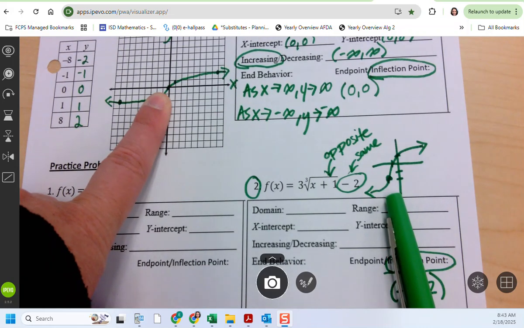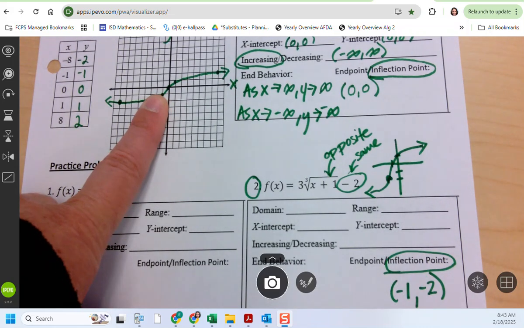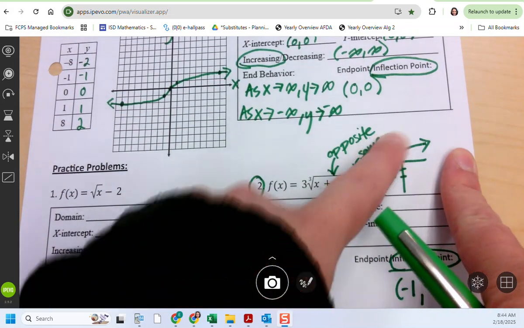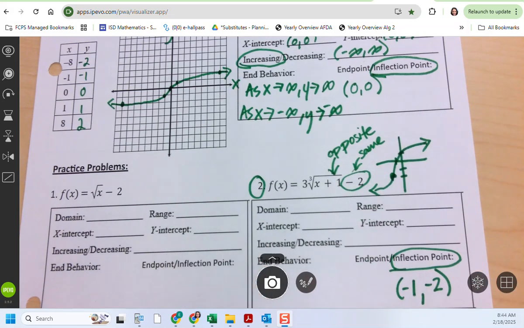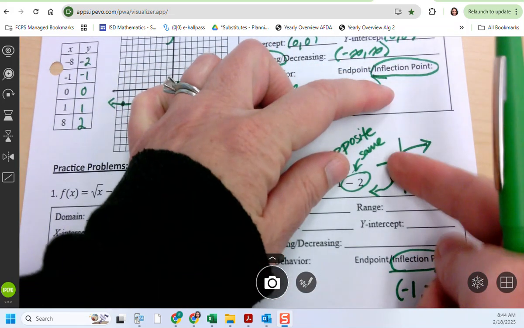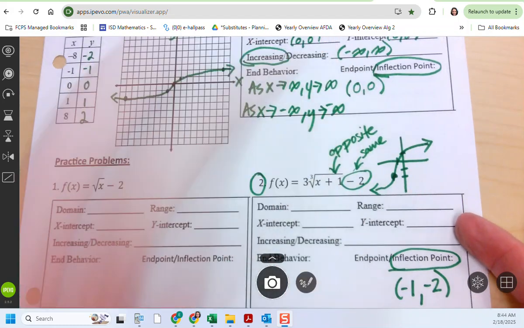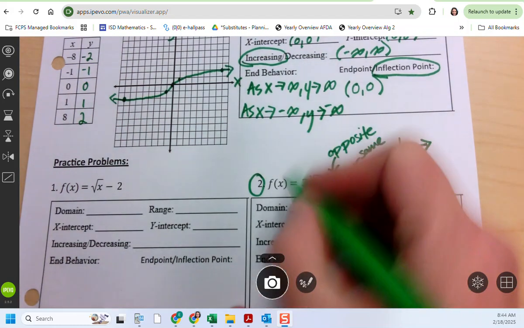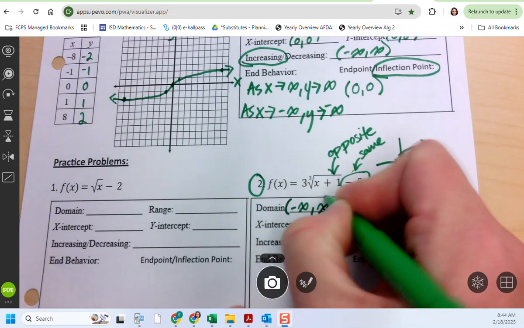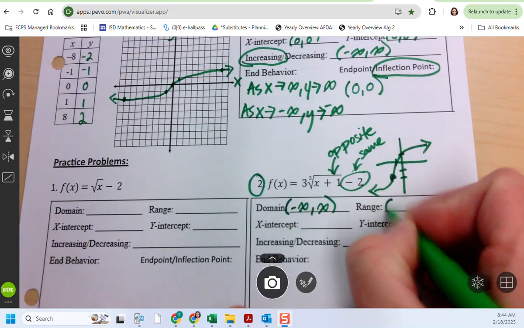They both go all the way left and all the way right, all the way down, all the way up. So every cube root function is going to have that same domain and range, even if you reflect it. Your cube root function will always have the same domain and range. That's easy. Square root, that's going to be trickier.